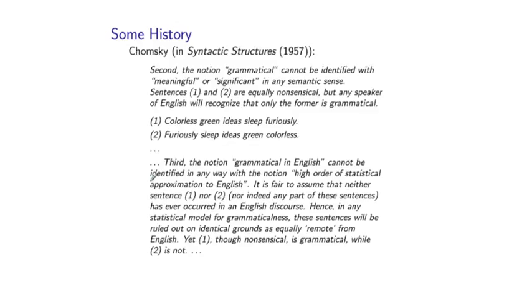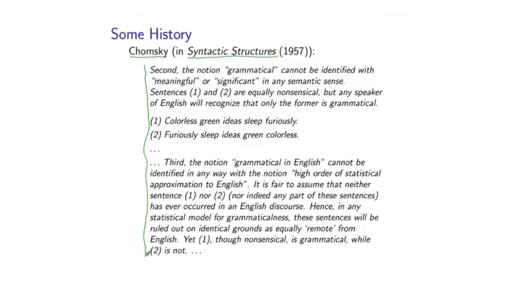Another very interesting reference is due to Chomsky. Syntactic Structures is a hugely influential book in modern linguistics. And it's a wonderful book. I highly recommend it if you're interested in language. And here he has a detailed argument about the role of probability and statistics in linguistics, specifically its role in grammaticality, predicting whether a sentence is grammatical or not.